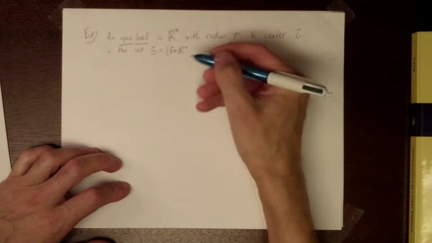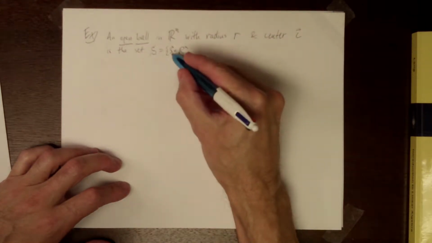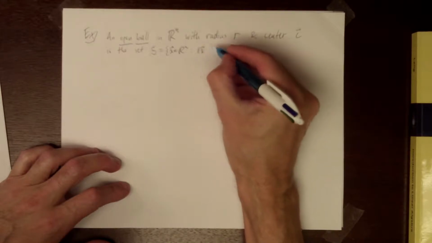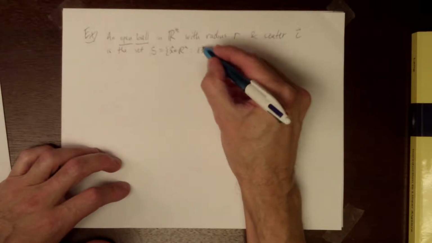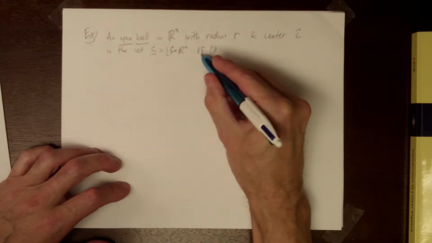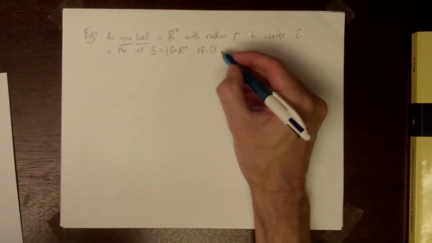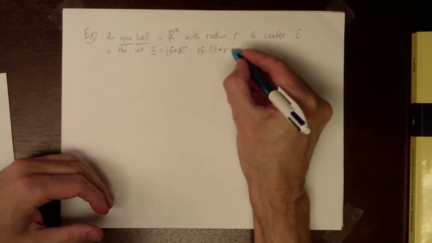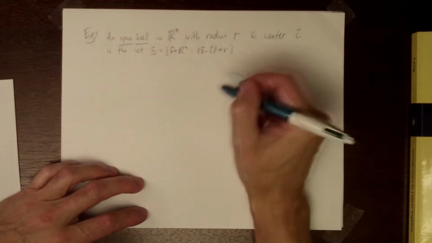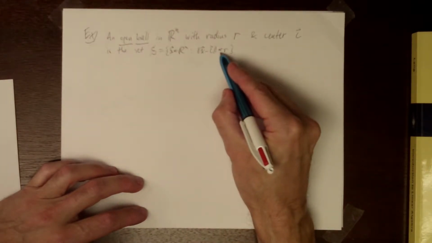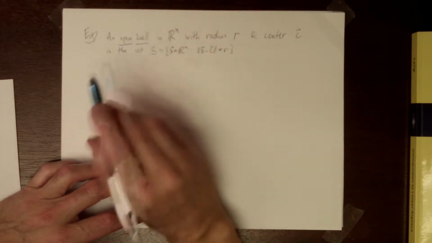And we're looking at elements x of R^n such that the distance x is from C, that's the distance between x and C, is less than R. The closed ball is almost the same thing, except this is a less than or equal to if you want it to be a closed ball.